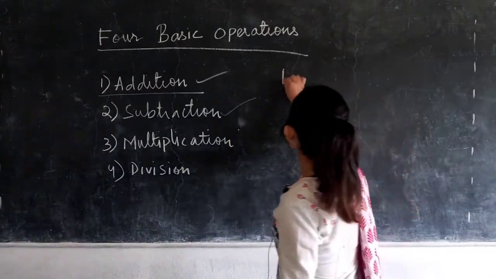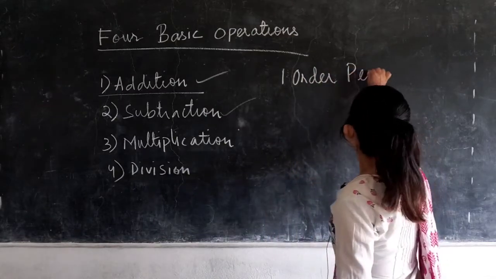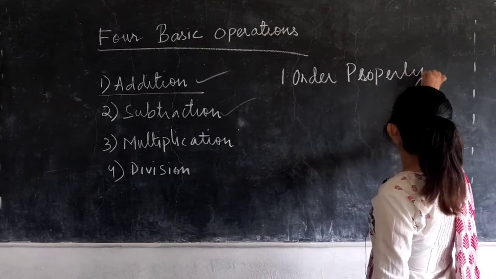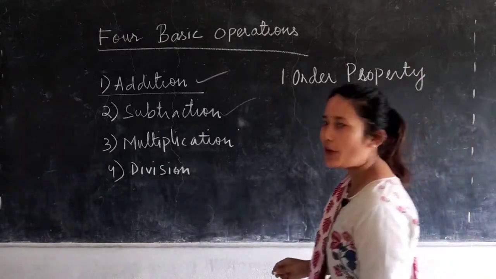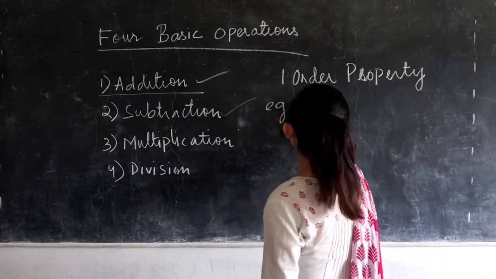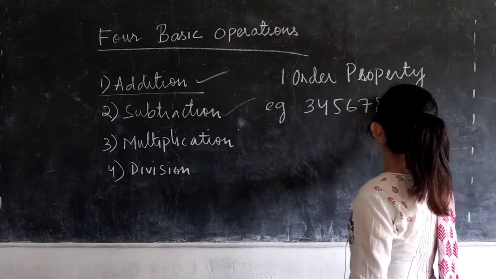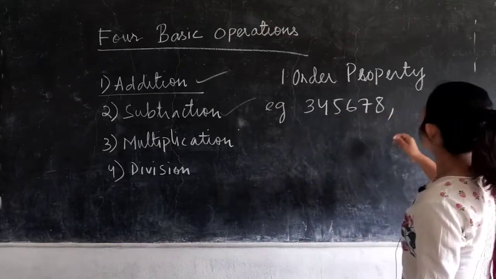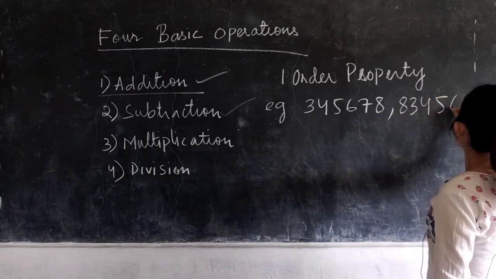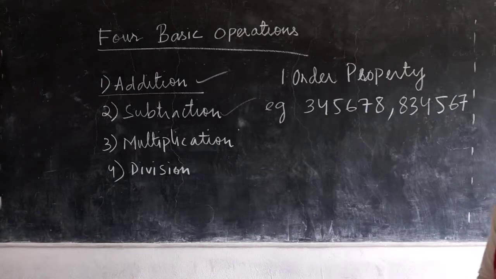So number 1 property is order property. Now what does order property say? Let me give you one example for that. So if you have 3, 4, this is one number given and another one is, this one is another number that's given.